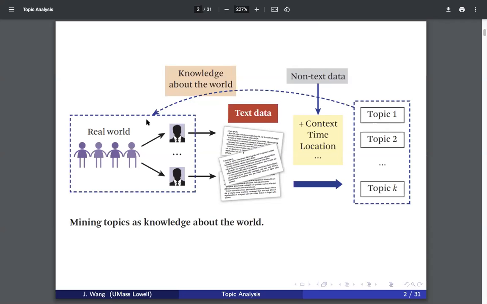That is what topic analysis, topic modeling, or sometimes topic mining, is about.